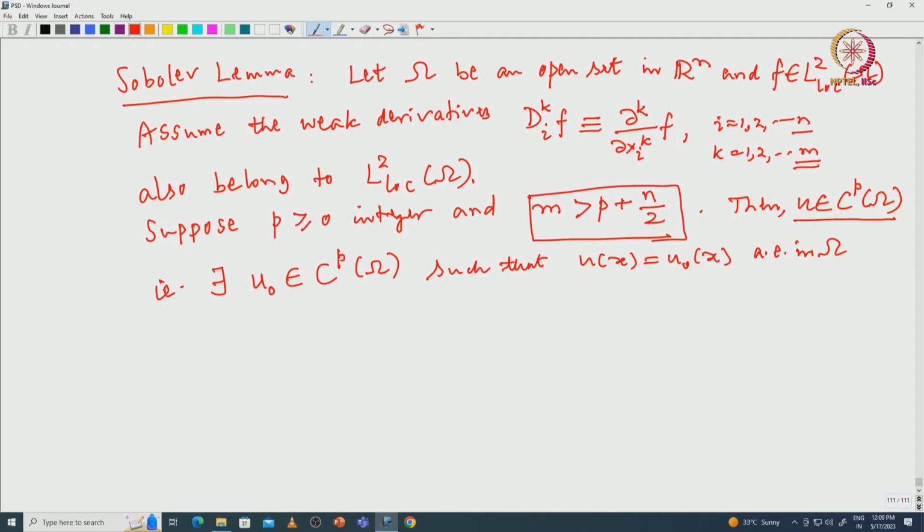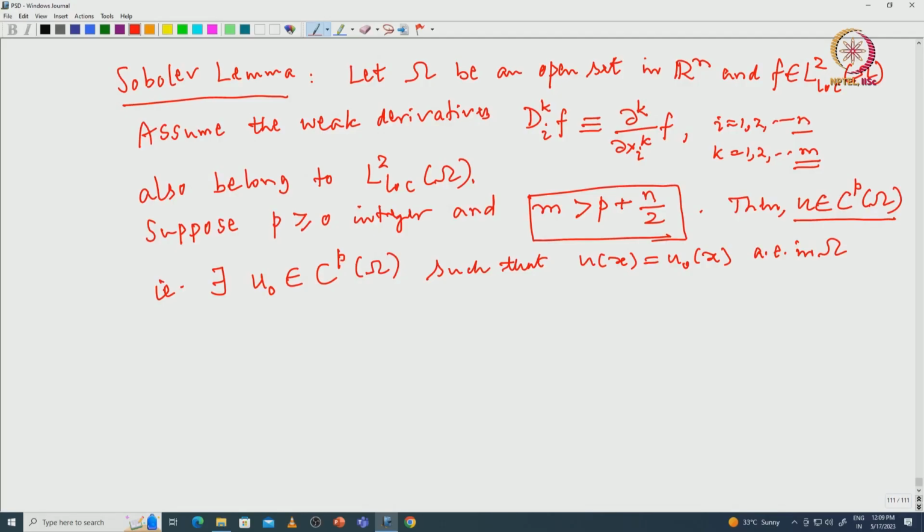So, if an L2 loc function possesses weak derivatives which are also in L2 loc, a sufficient number of times, so this m should be larger than this. In particular, if we take p equal to 0, so m bigger than n by 2, then we get a continuous function. Just compare this with the exercise I have stated.